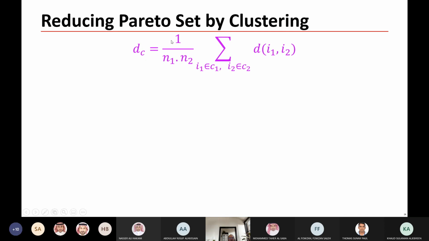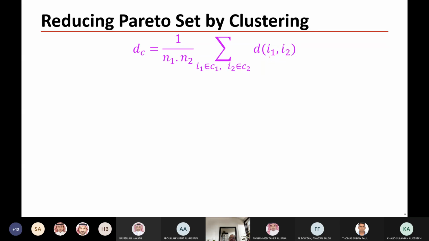This is D equal to 1 over the number of solutions in cluster 1 times the number of solutions in cluster 2. So you have N1, N2. So it is 2, 2, so this one will be 4. And you sum the distance between I1 and I2, where I1 belongs to C1 and I2 belongs to C2.